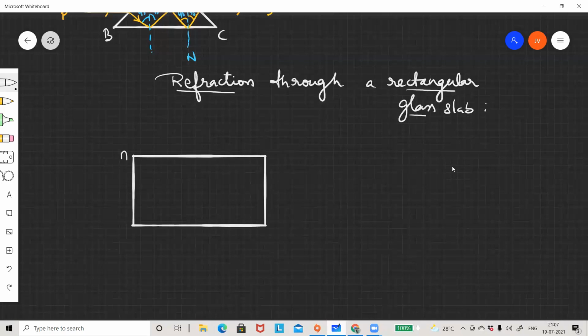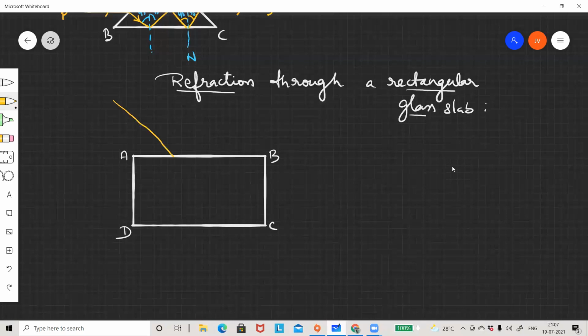So assume that ABCD is a rectangular glass slab. Means it is rectangular, it is made up of glass, and it is a small slab. You take it like that. Slab means a piece of glass. And then AB is the incident surface and CD is the emergent surface. So there is a ray of light which is incident on AB.